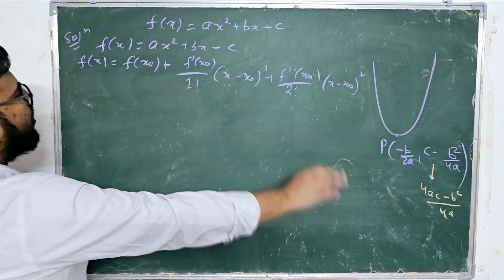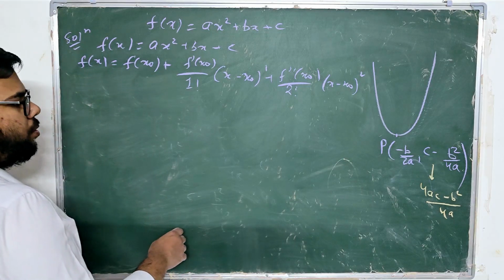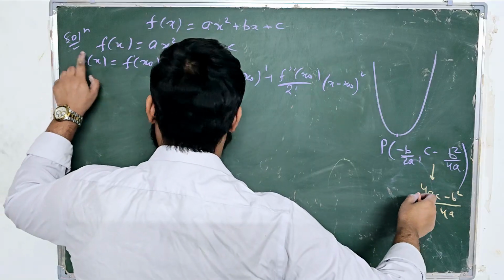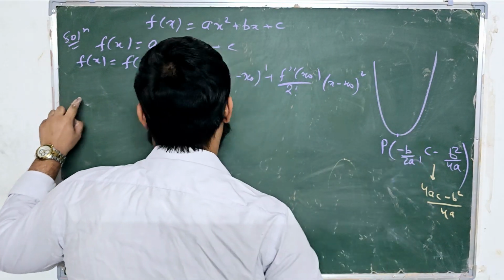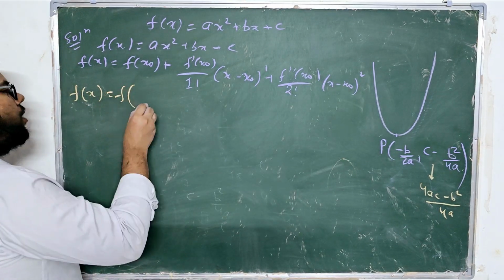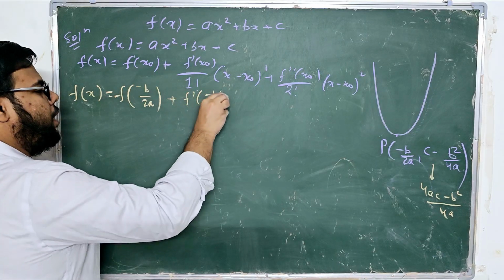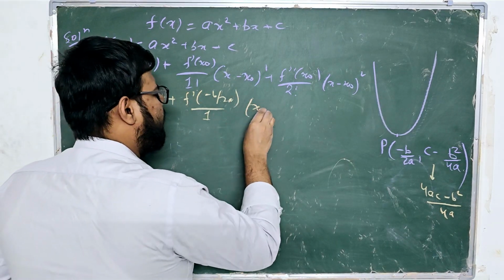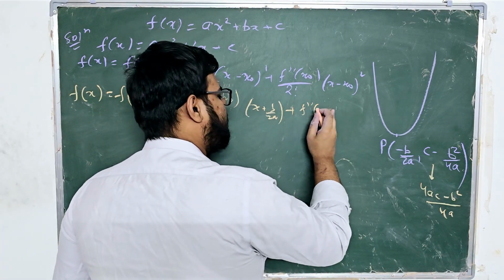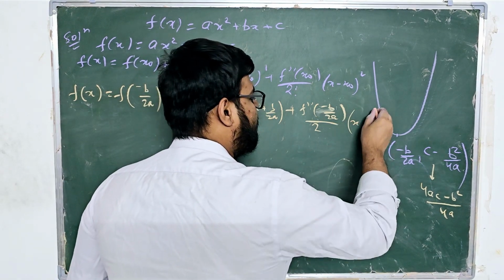Okay, so f(x) is equal to this expression, right? So let's find the Taylor series about negative b by 2a. f(x) is equal to f(negative b by 2a) plus f dash at negative b by 2a times 1 times (x plus b by 2a), plus f double dash at x naught, that is negative b by 2a, divided by 2 times (x plus b by 2a) whole square.